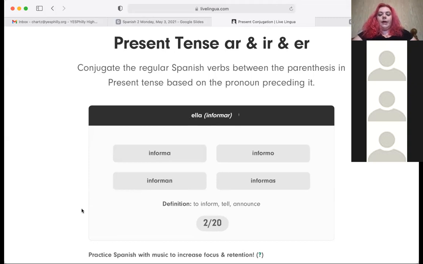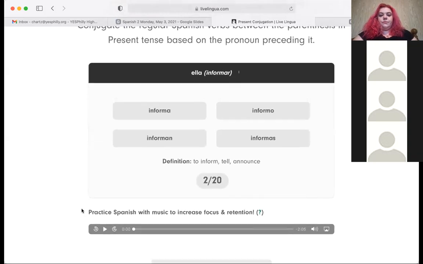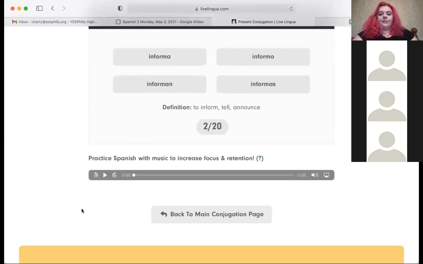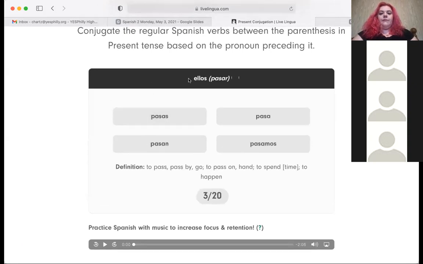Does anybody want to take a guess? Anybody want to guess? No? Well, let's see. Informa. Yep, that's correct. Okay, so we have ellos, and the verb is pasar.